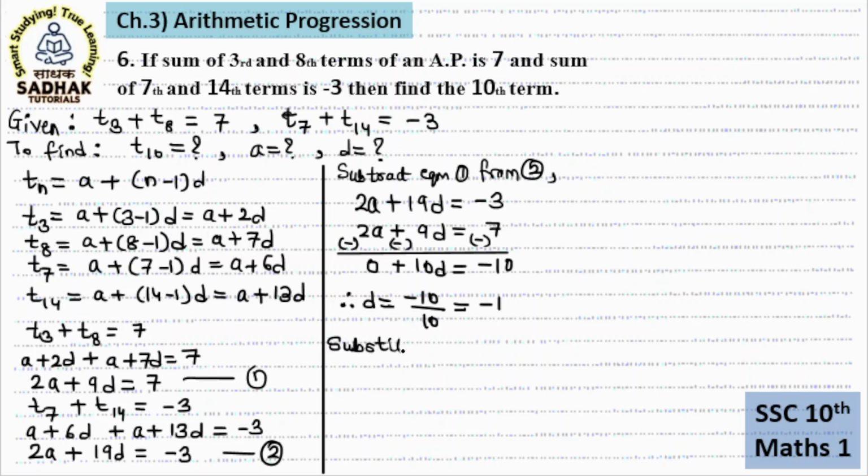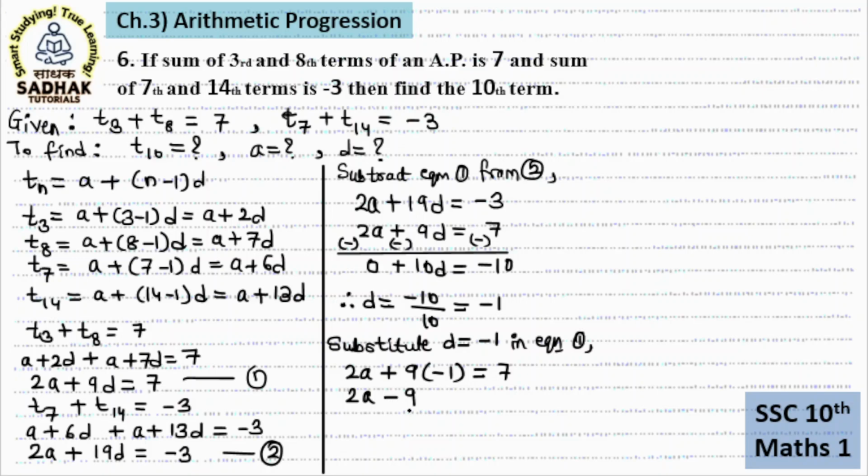Let us substitute d is equal to minus 1 in equation 1. So that will give us 2a plus 9d, so 9 multiplied by minus 1, is equal to 7. So that will give us 2a minus 9 is equal to 7, since 9 multiplied by minus 1 is minus 9.